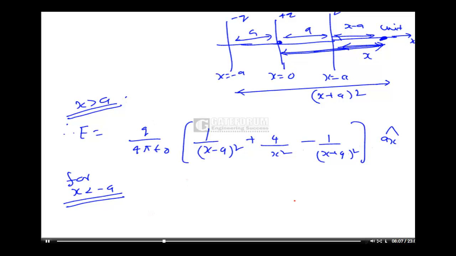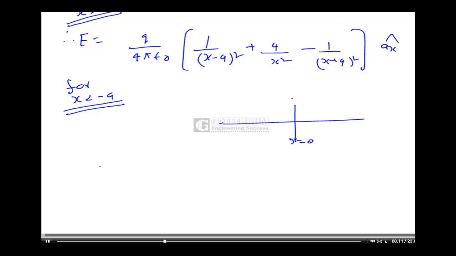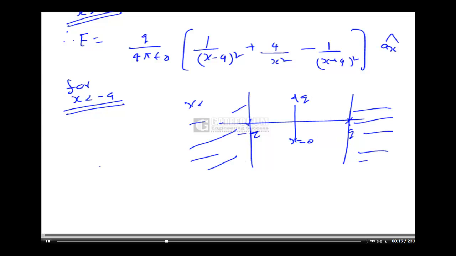Because here if you observe in the axis, at x is equal to 0, 4q is located, this is q, this is minus q. So this is x greater than a, this is x less than minus a. Since it is exactly opposite along the x-axis, normal to the x-axis, it is maintaining symmetry.